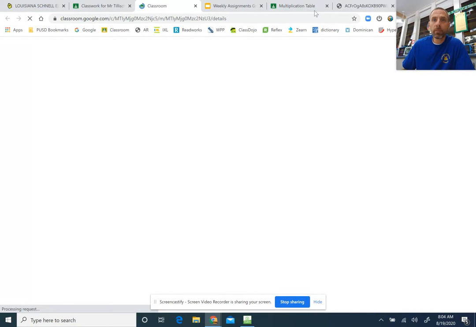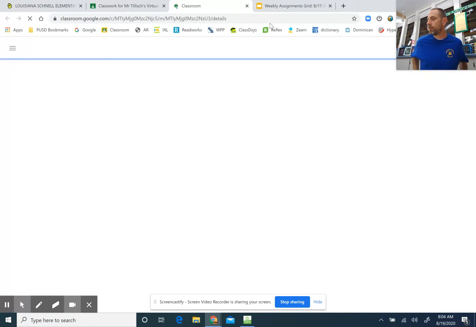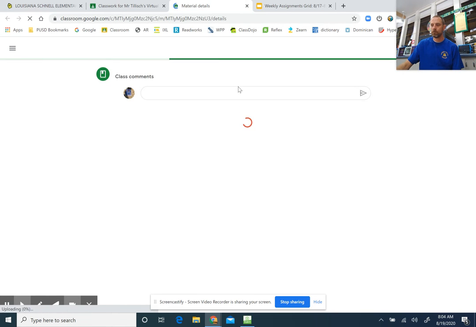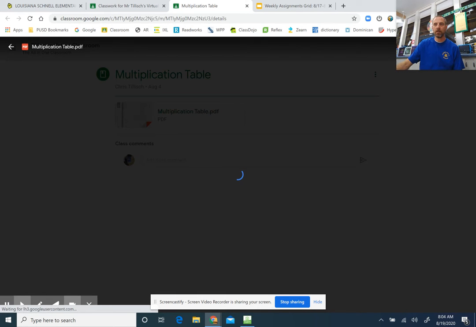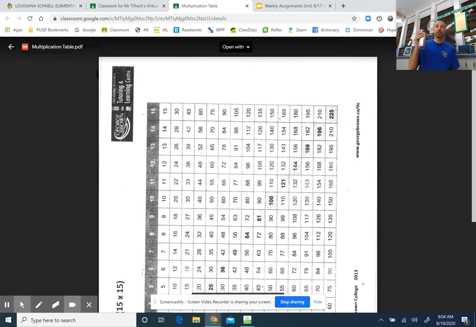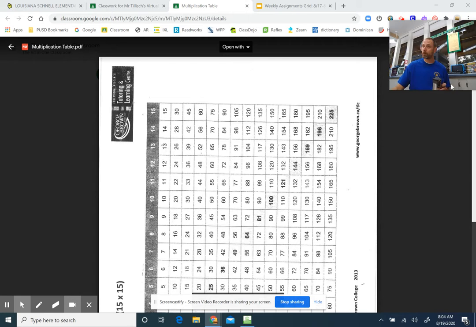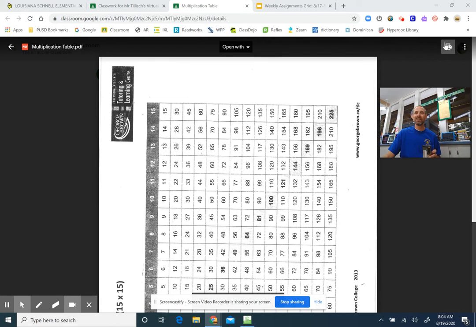And when you open your multiplication table, you'll notice that it shows up vertical, and that can be irritating, especially when you're new at reading multiplication tables and using them as a tool. So what we can do here, and this is a little workaround, is click that print icon in the right hand corner.